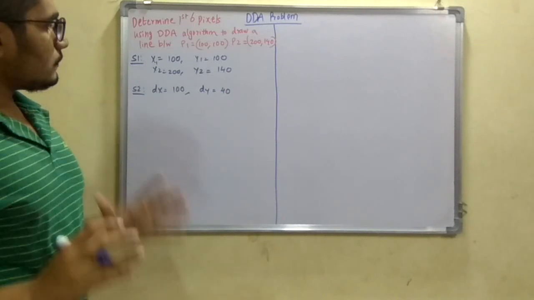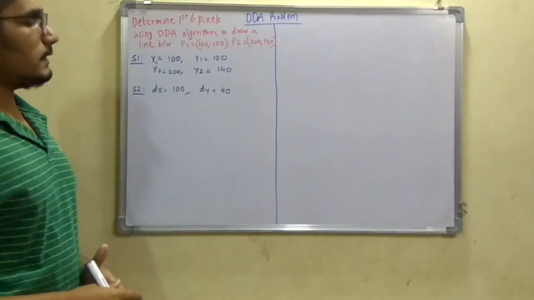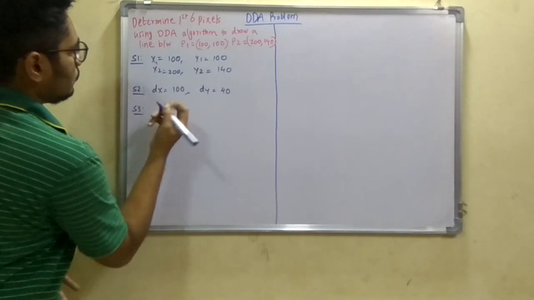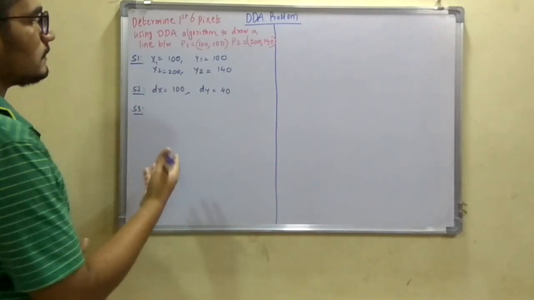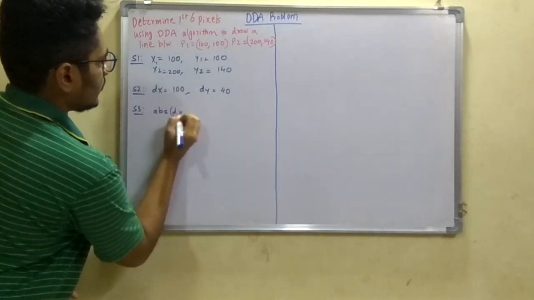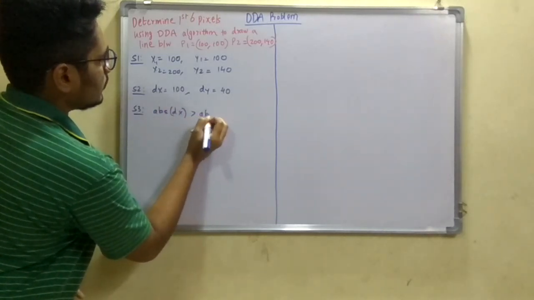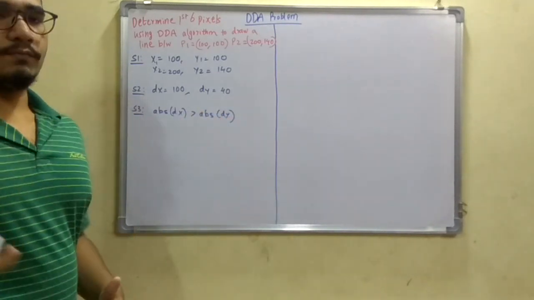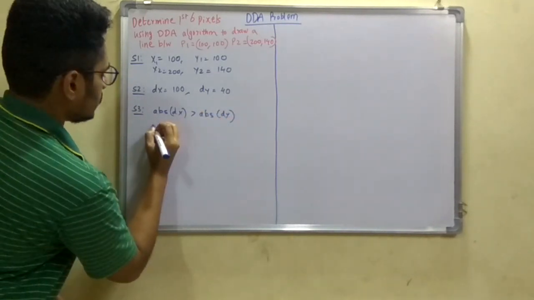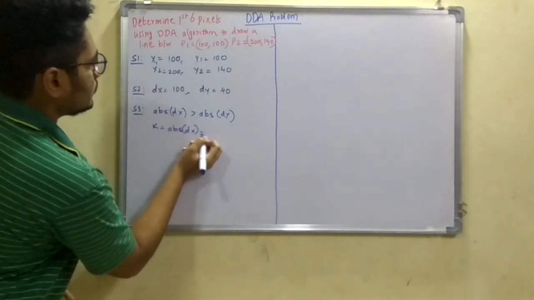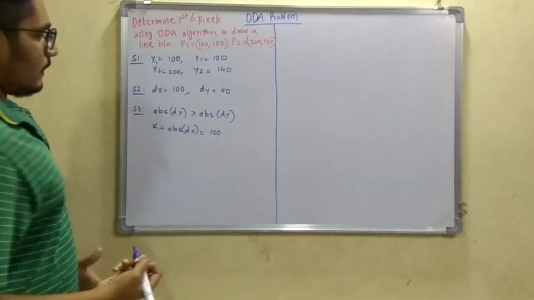Okay. So next we have to calculate the ABS. Since you can see the ABS of dx is greater than the ABS of dy, the slope is less than 1, so we consider k is equal to ABS of dx, which is equal to 100.